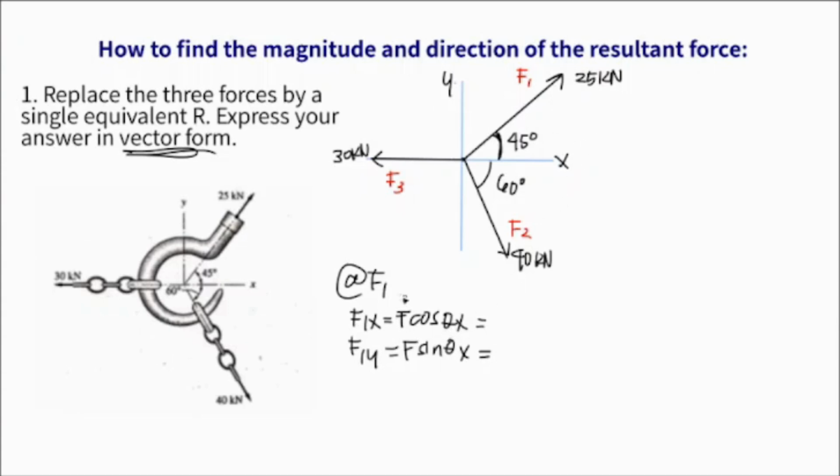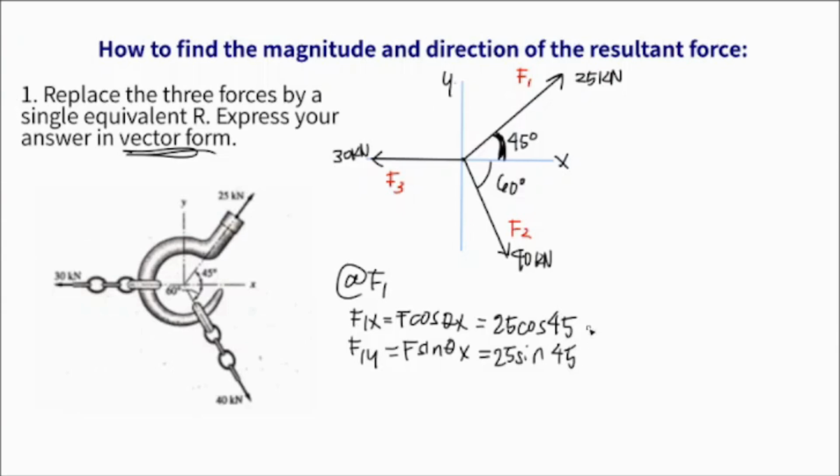Since we are using F1, its magnitude is 25 kilonewtons. So, F1x is 25 cosine theta x, where theta x is 45 degrees, and F1y is 25 sine 45 degrees.